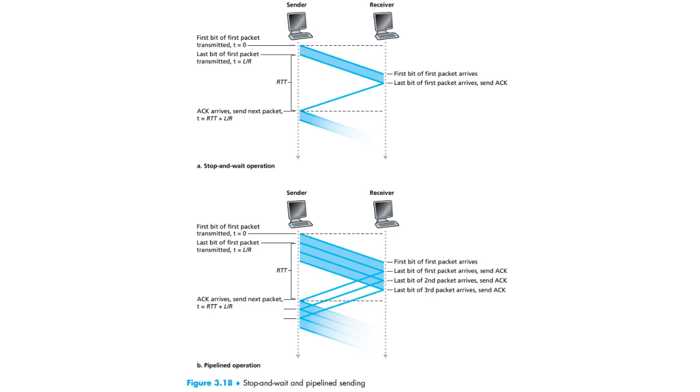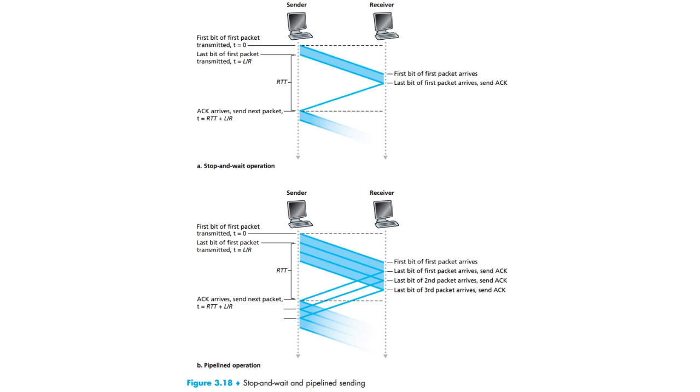To appreciate the performance impact of stop and wait protocol behavior, consider an idealized case of two hosts, one located on the west coast of the United States and the other located on the east coast, as shown in figure 3.17. The speed of light round trip propagation delay between the two end systems, RTT, is approximately 30 milliseconds.